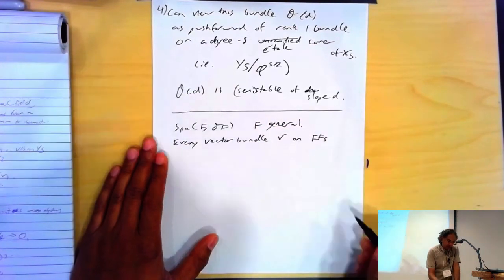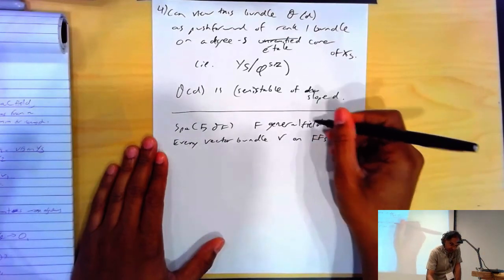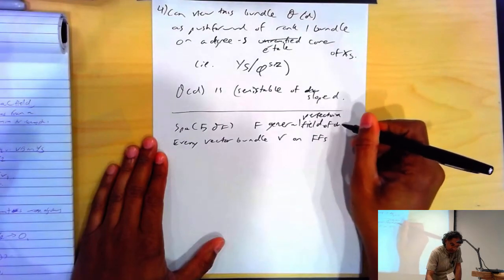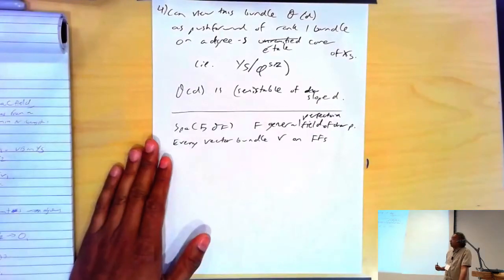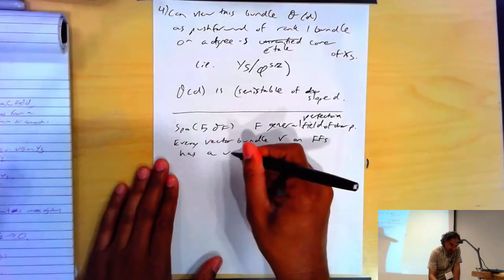So in general, on a general perfectoid field of characteristic P, every vector bundle on this curve has a unique filtration.